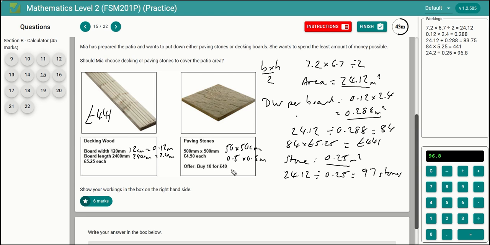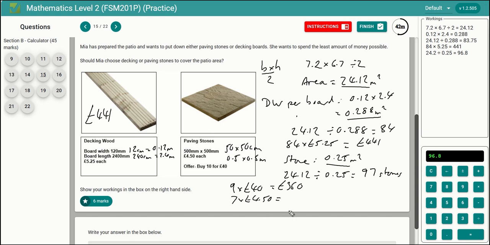Now you get 10 for £40, so we're going to get 9 lots of 10 for 40. So that's going to be 9 times by £40. And then it's going to be the remaining 7 multiplied by £4.50. So 9 fours are 36, that's 360. Feel free to use a calculator if you need to.